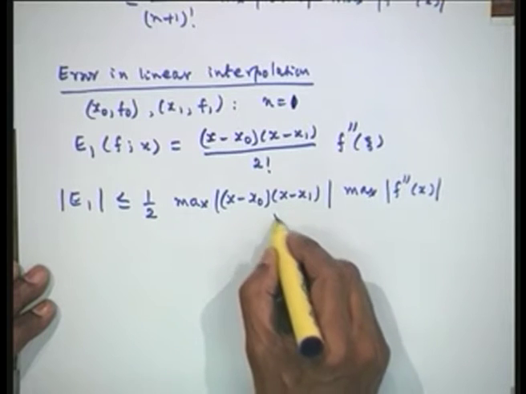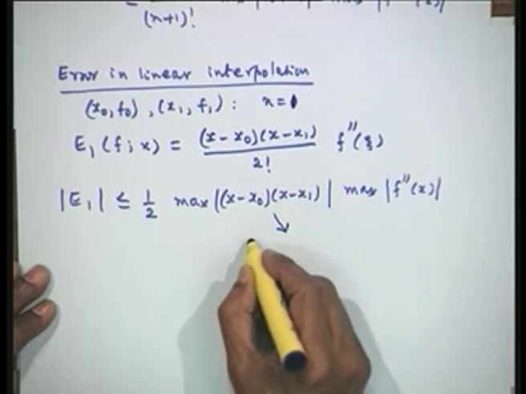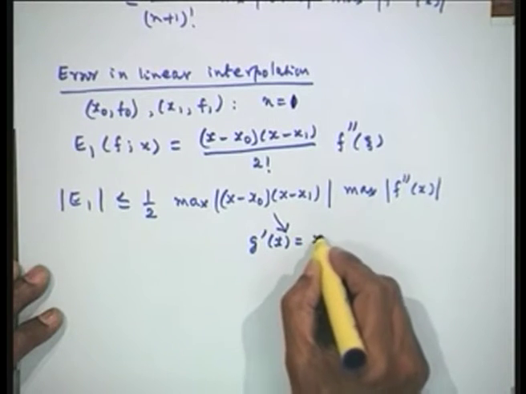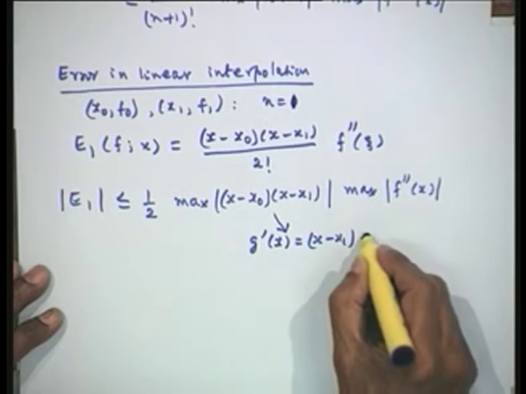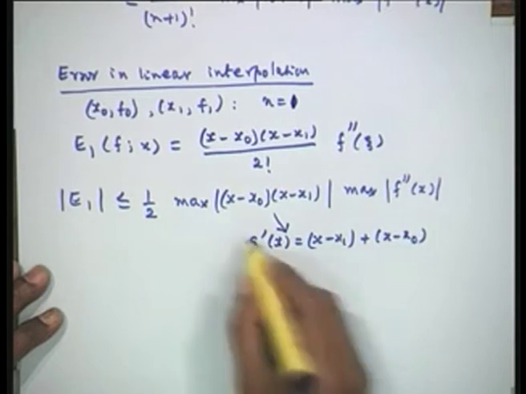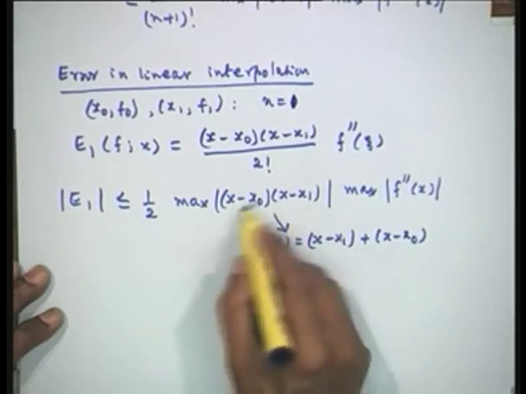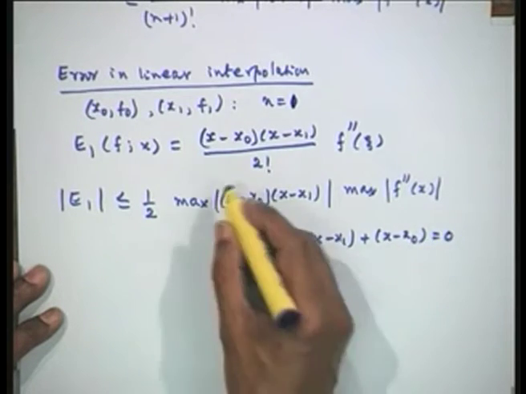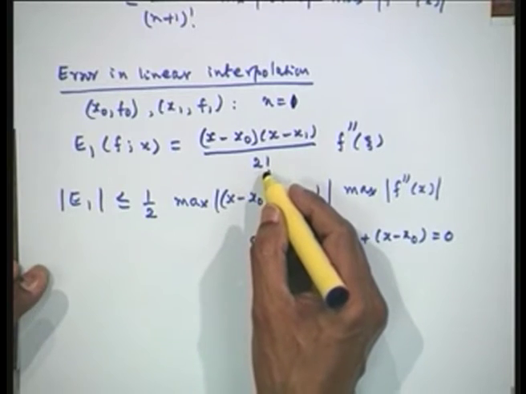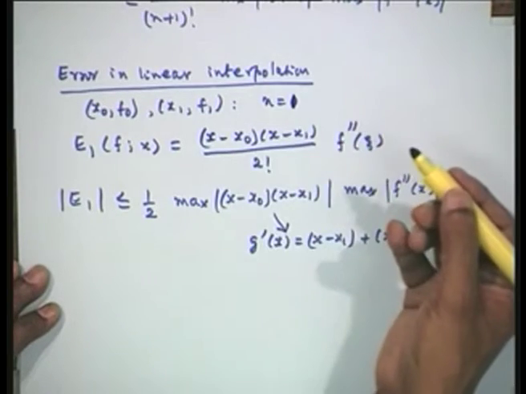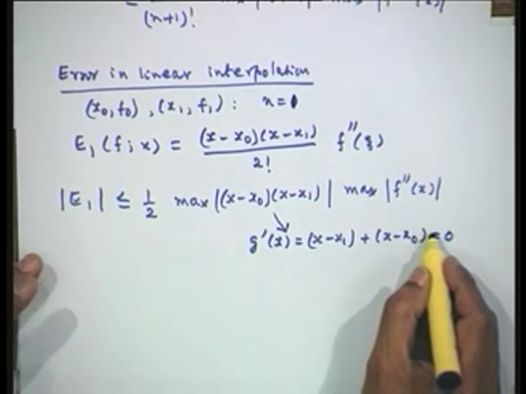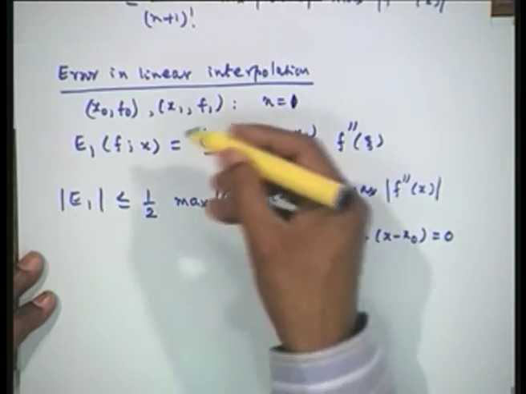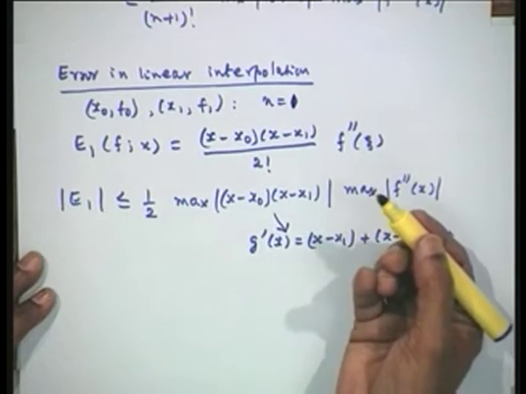If I put this as g x, I can find the derivative of this. Derivative of this is equal to x minus x naught plus x minus x 1, just differentiate it as a product. Set this equal to 0 for ordinary maxima and minima. It is a function of a single variable. So, differentiate the first derivative, set it equal to 0, find the critical points, and at all those points find out what is the maximum. The maximum value of all those we will take as the required maximum.